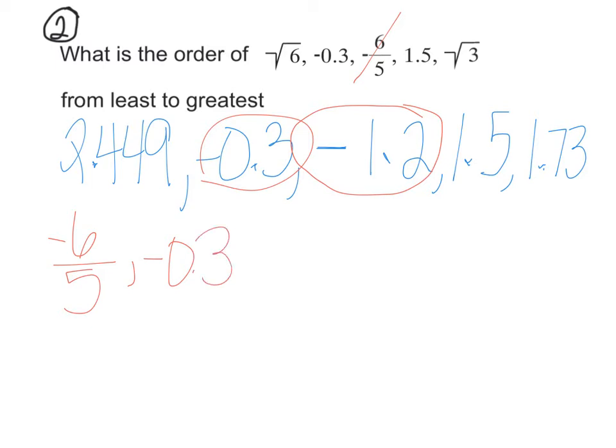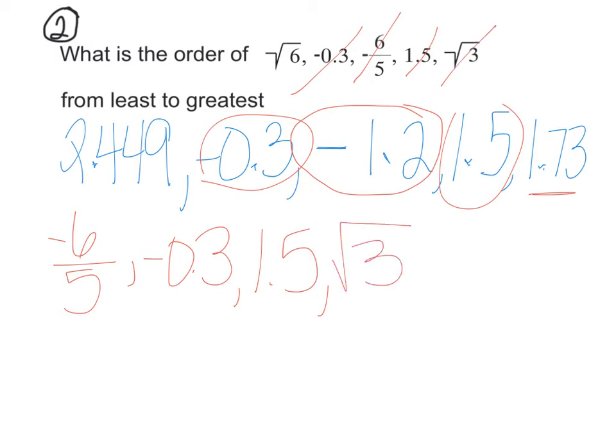It was a decimal. Now my next smallest number is going to be 1.5, and that was a decimal, so I can leave it. And then now I have 1.73, which was square root of 3. And then the last one was square root of 6. And that's my answer from least to greatest.